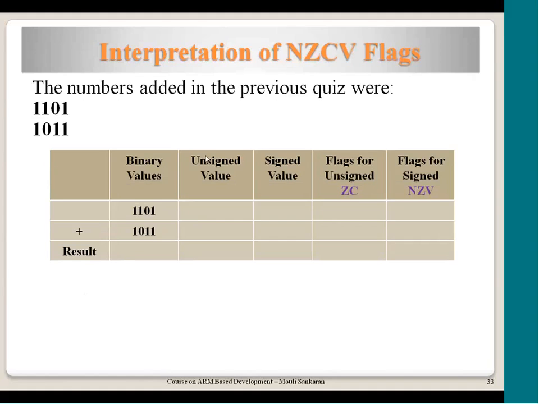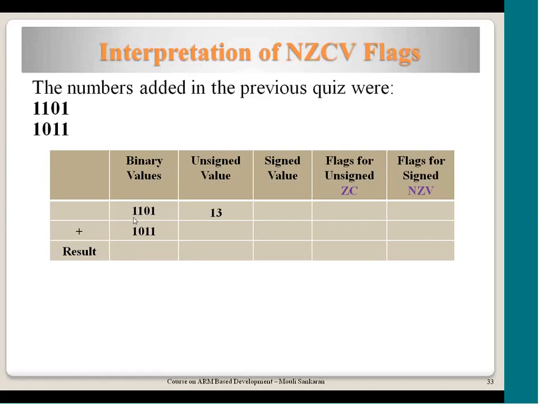Now I want you to fill in these values for each of these. If it is unsigned, it will correspond to 13, because you will consider this to be 8 plus 4 plus 1. But if it is a signed value, how do you convert it? Is it a negative number or a positive number?